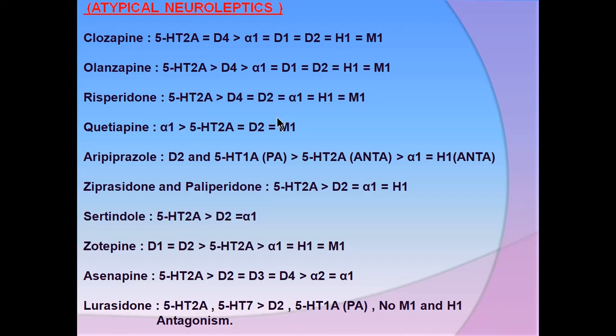Next drug, lurasidone, has affinity for 5-HT2A and 5-HT7, which are more than that for D2. It has also partial agonistic action on 5-HT1A receptor, and at the same time it has no antagonistic action on M1 and H1 receptors.